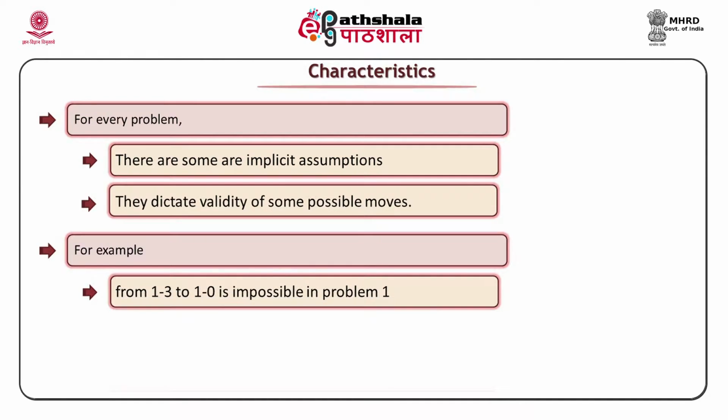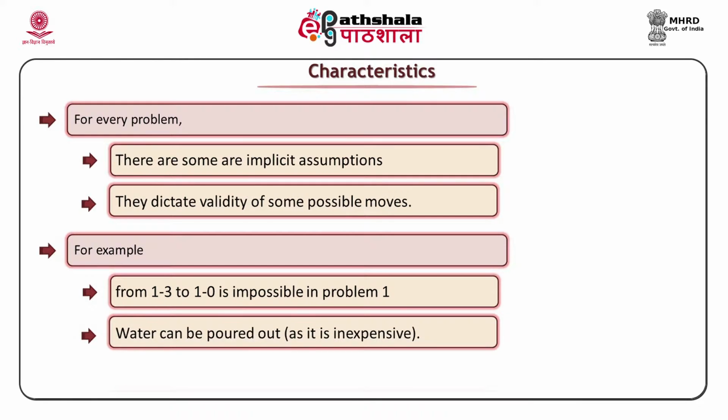When we are talking about the water jug problem, we think that water is available, and we can pour the water out of the jug. In fact, in our solution, you probably have seen there are a few places where we are just pouring water out of the jug, because water is inexpensive, which is not stated in the problem itself, but we assume that.